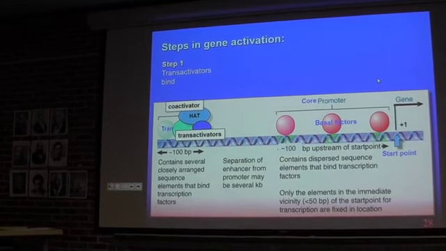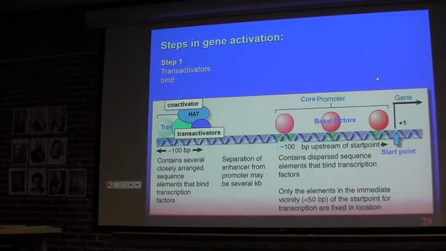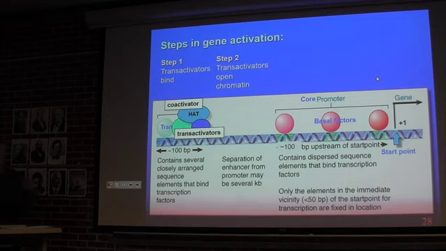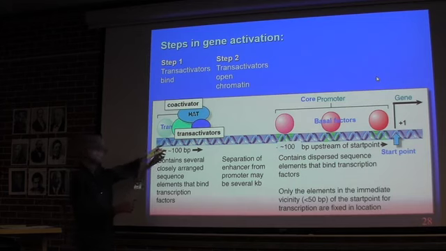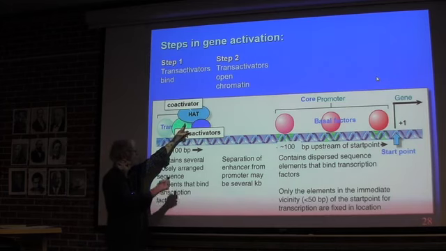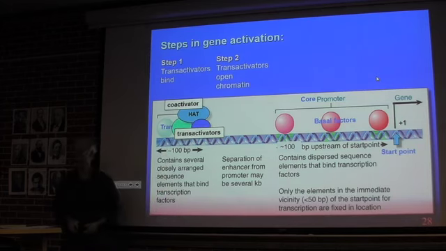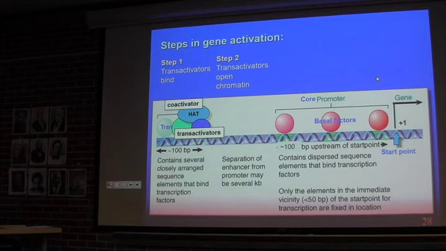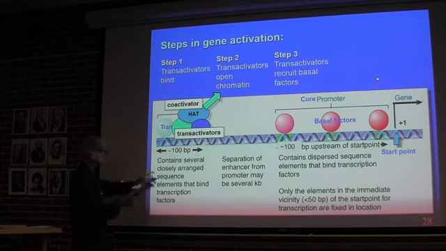So the pioneer factors bind, they in turn attract co-activators, which have the HAT. Step 2, the transactivators open the chromatin up, and they do that not themselves, but because they have recruited co-activators that have the HAT activity. Step 3, these are busy little fellows, these transactivators.